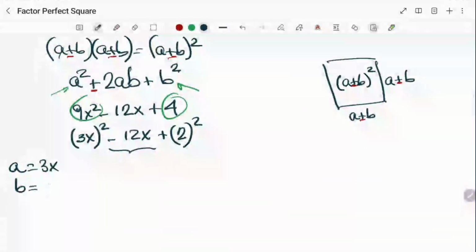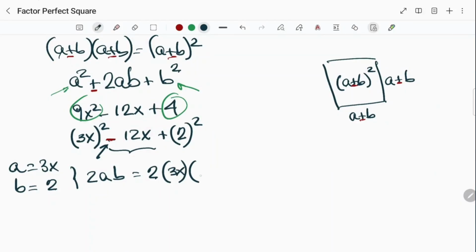The central term, which is 2 times ab, don't forget the sign, which is right here, negative sign. The product will be 2 times 3x by 2, which is the same thing as 12x. In fact, we are in presence of the perfect square.